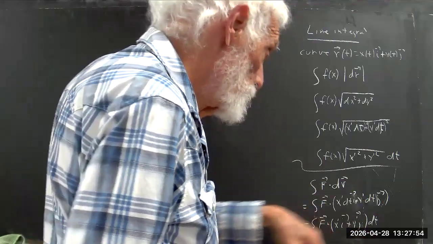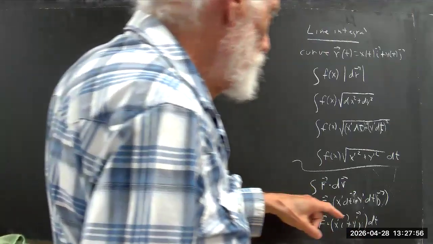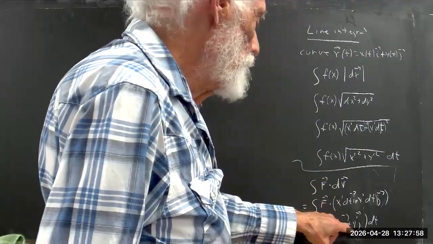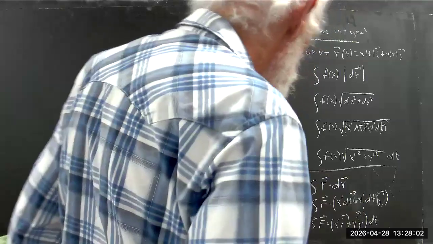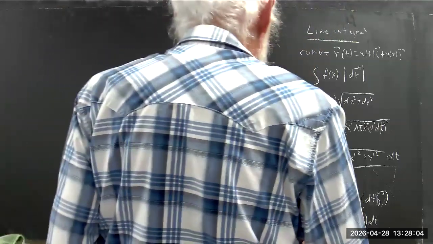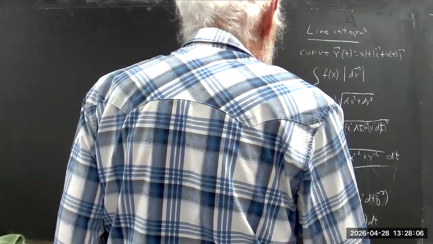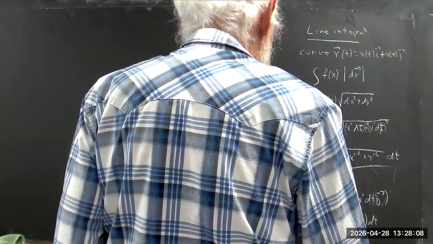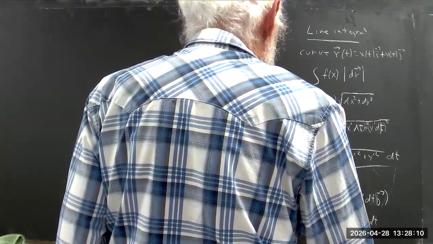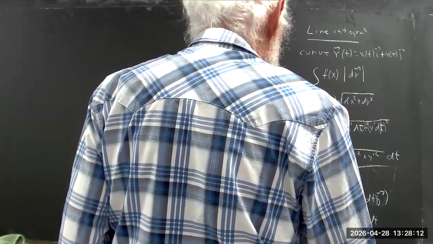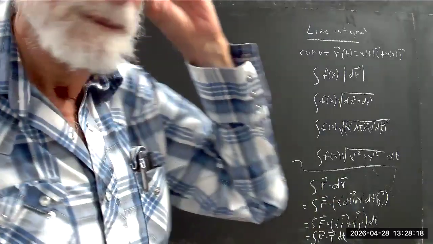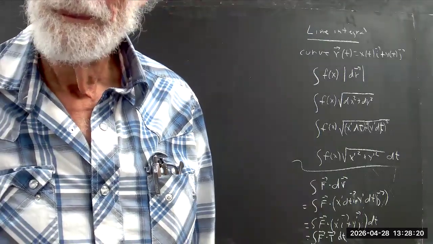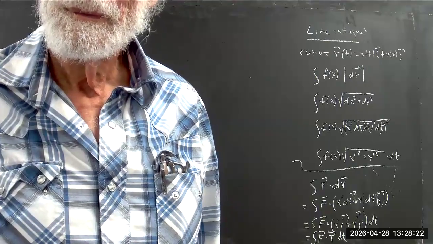So that might be a little hard to read, but that's what you've got. And that becomes x prime i plus y prime j times dt when you factor out the dt. And that's just the integral of f dot your unit tangent vector dt. Okay.